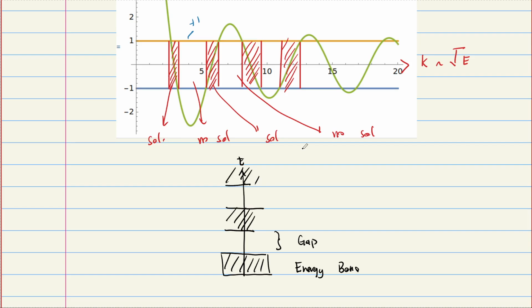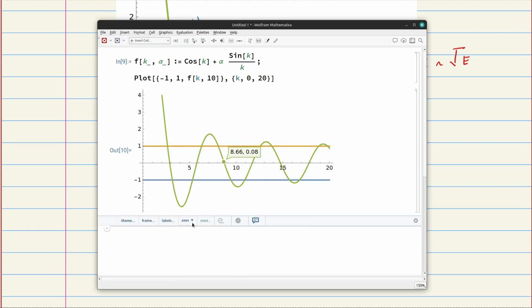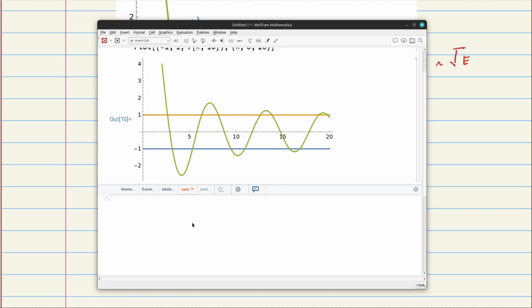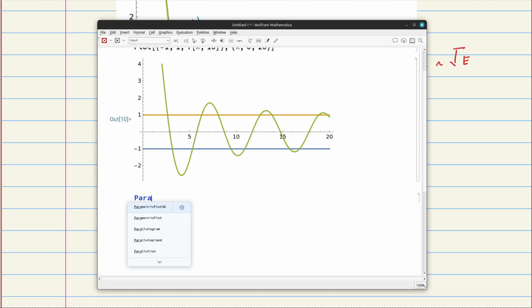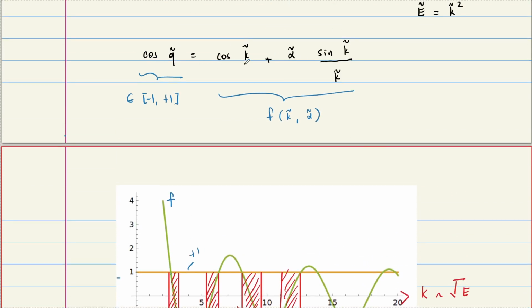And we can actually do better than this. Let me also do this because I think it is nice. There's something called a parametric plot. Normally, for given q, we need to find k.